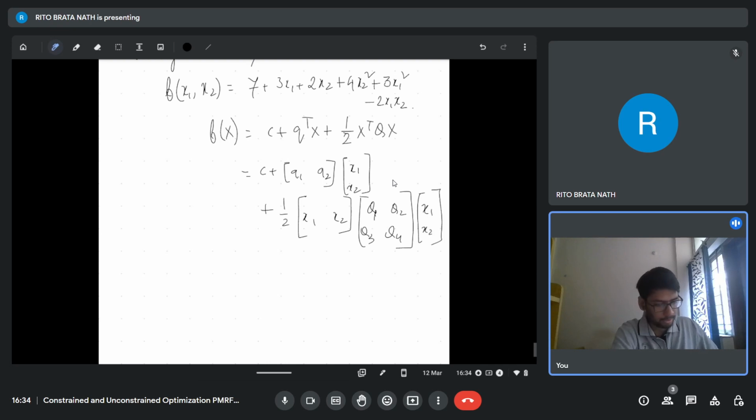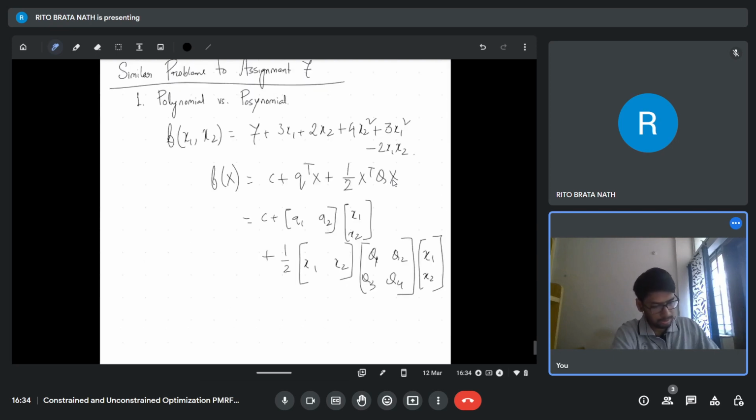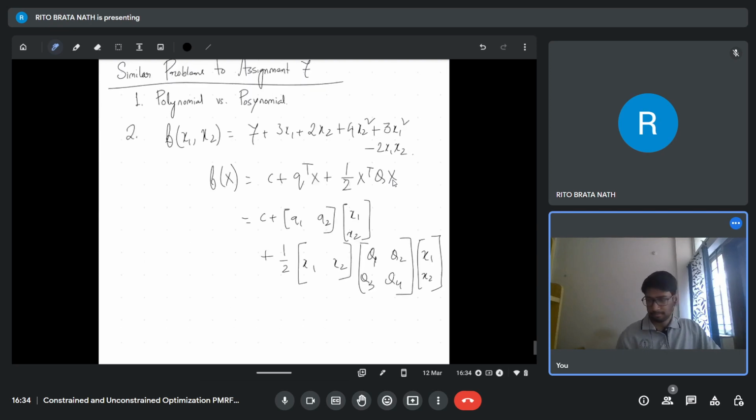And then what you can do, you can just simplify this or multiply everything, and then just you will get a bunch of equations and you can get the solutions. Okay, so that's probably two.